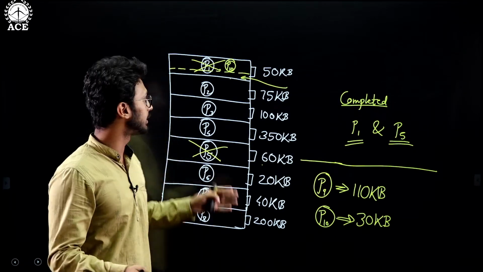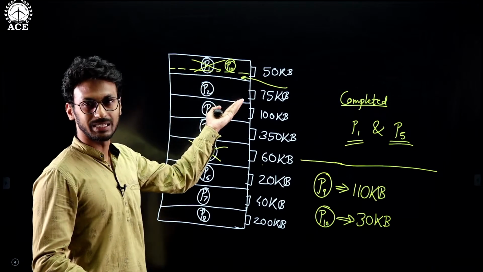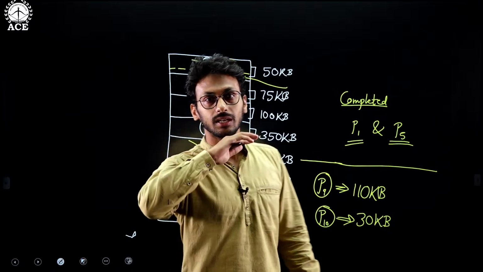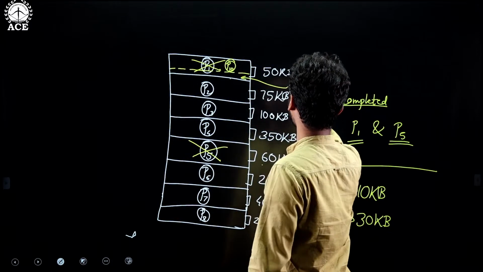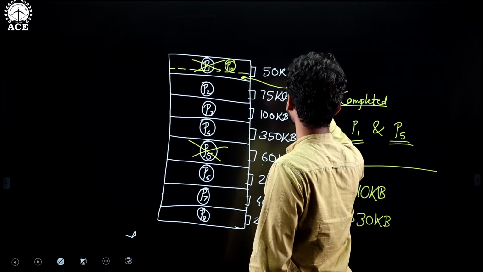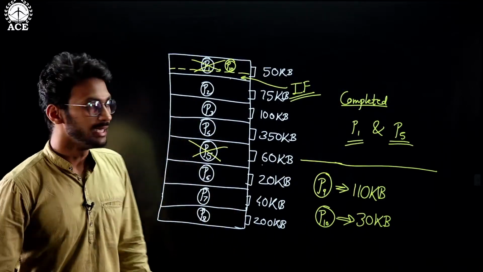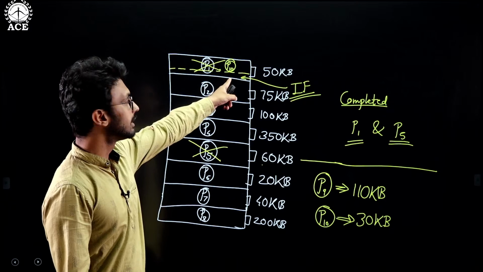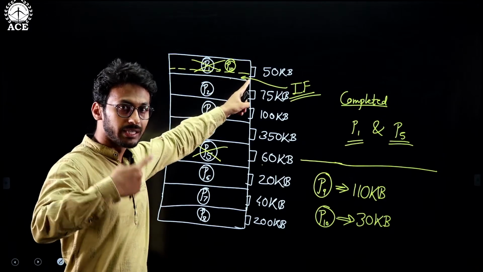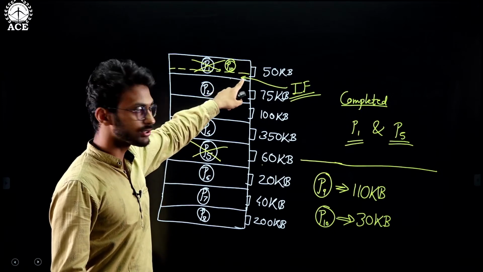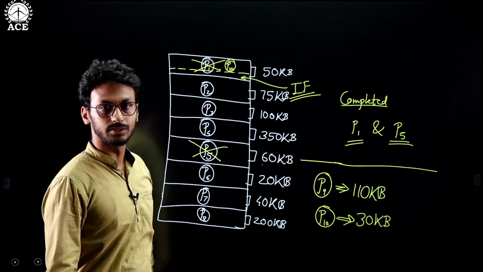So we just place P10, and we won't be able to place more processes. This is where internal fragmentation comes into the picture. Space is available, but still you can't utilize it. 20 KB is still available, but you can't utilize it.